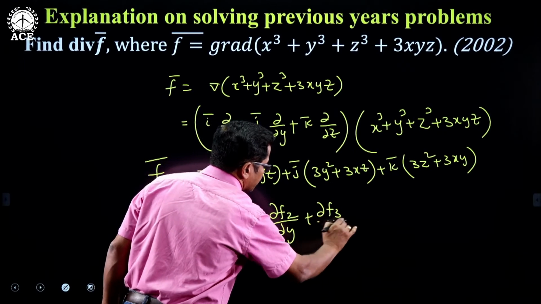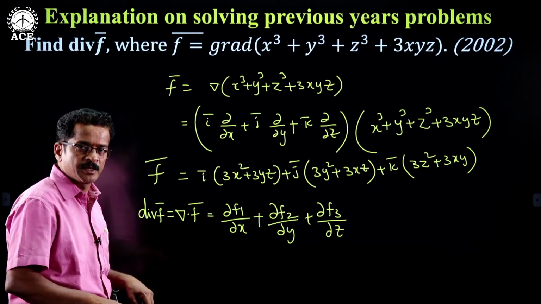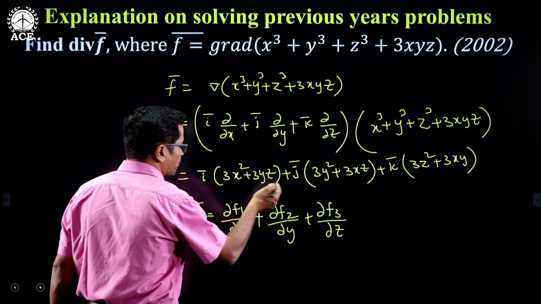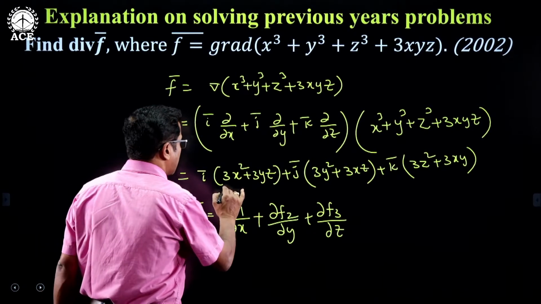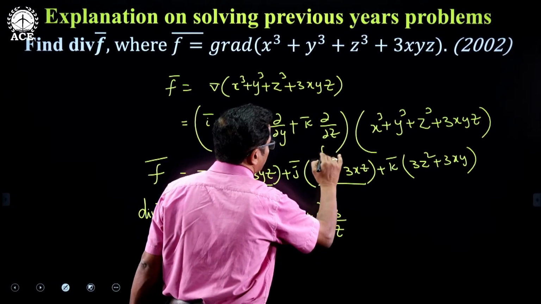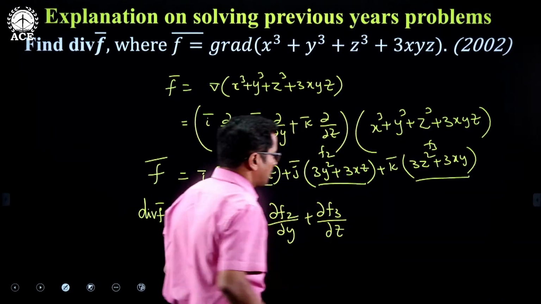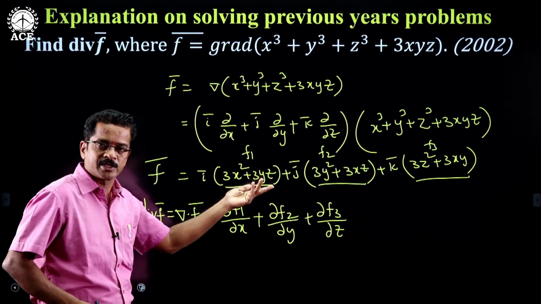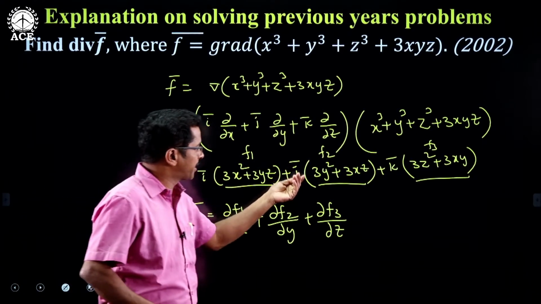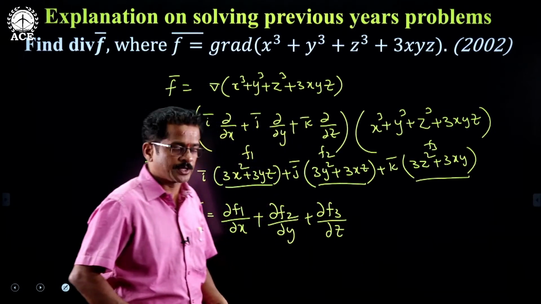This is the formula for del dot F bar. What are F1, F2, F3? F1 is the i bar coefficient, F2 is the j bar coefficient, and F3 is the k bar coefficient. Along i bar we have one function, F1; along j bar another function, F2; along k bar another function, F3.